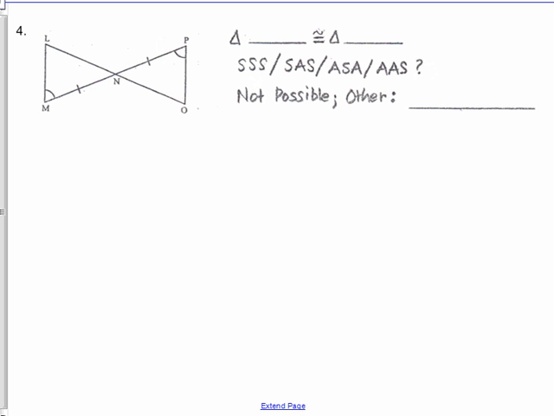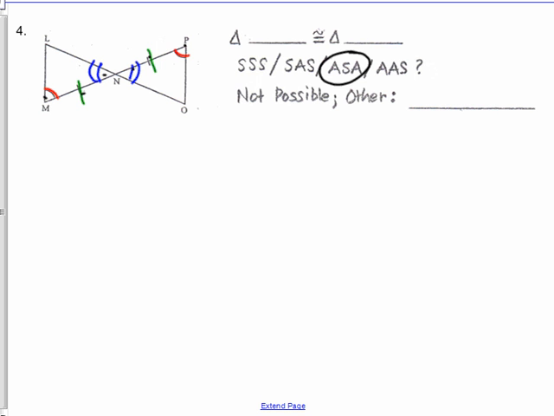All right, so now we are at the last one. We've got this congruence here, M and P. We've got MN is congruent to NP, and I'm looking for a third congruence, and I know this one because there's an X in the middle, so I know that these two are congruent to each other, which means that we have angle, side, angle.